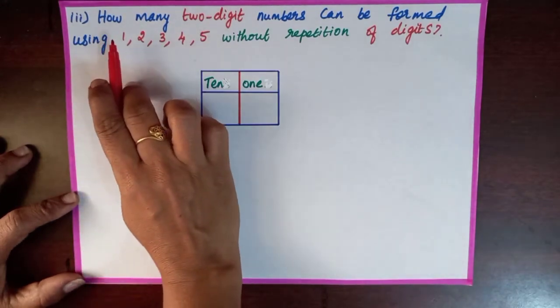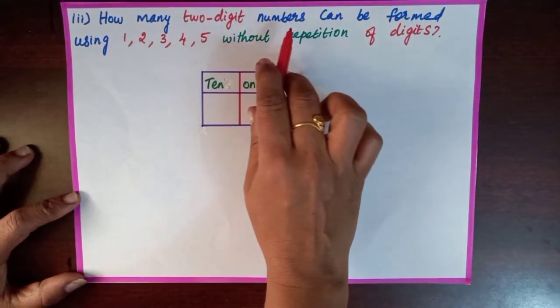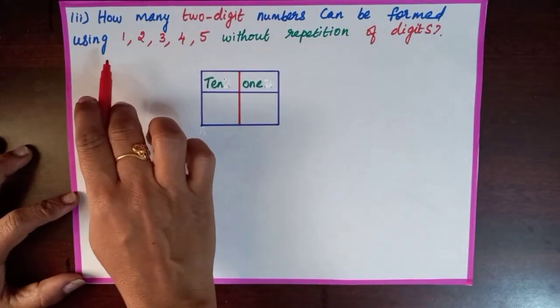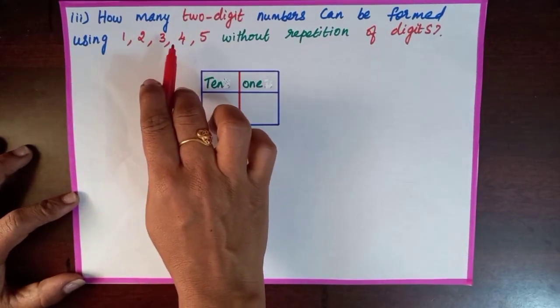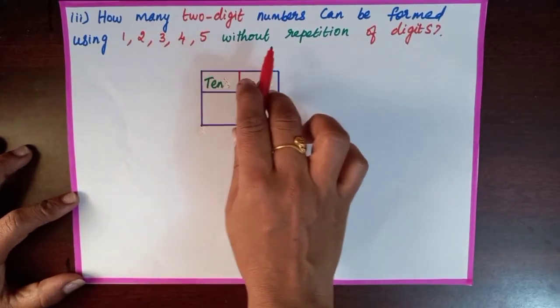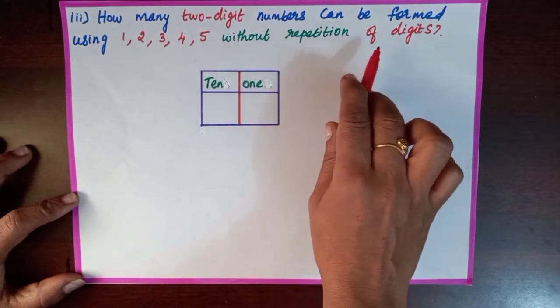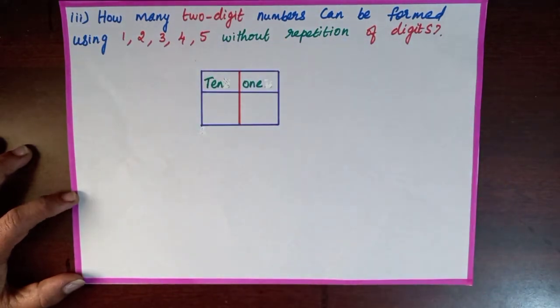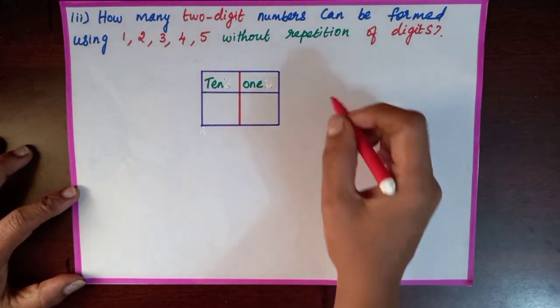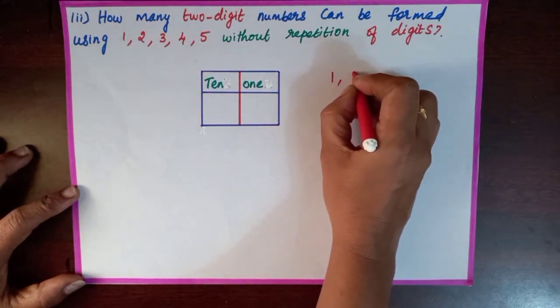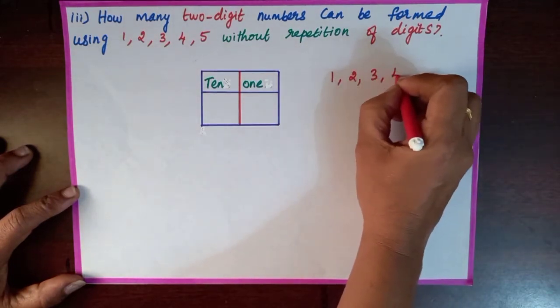Question number 3. How many 2-digit numbers can be formed using 1, 2, 3, 4, 5 without repetitions of digits? Okay. So, here we are using the digits 1, 2, 3, 4, 5.